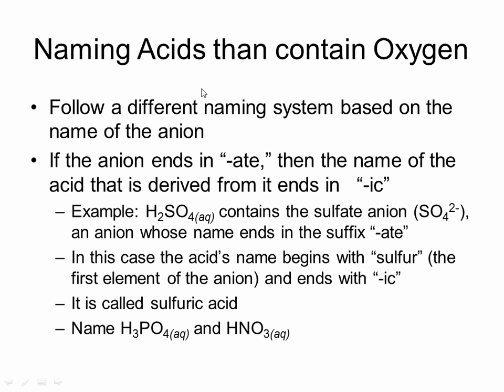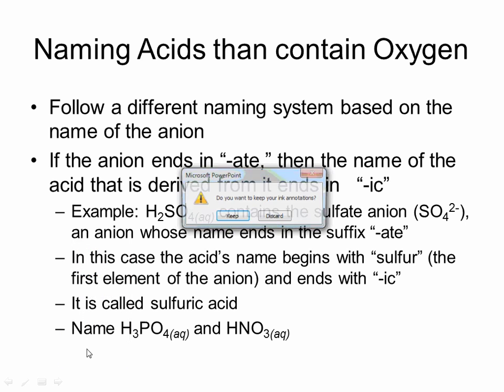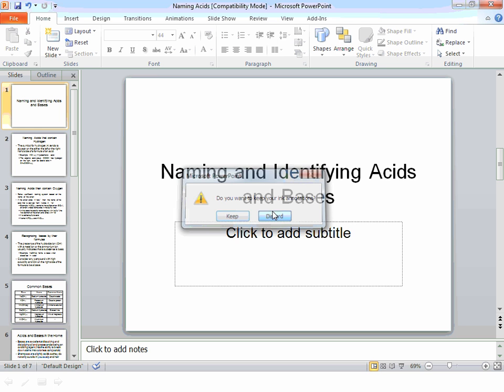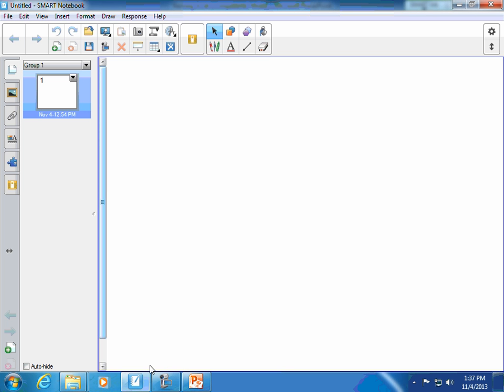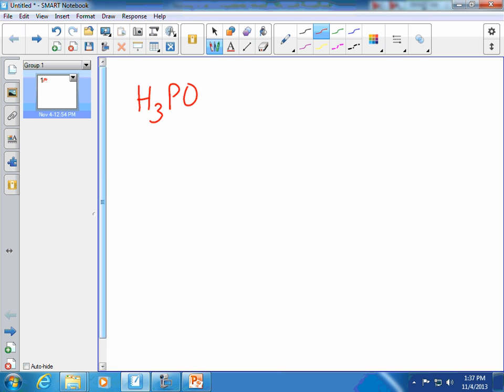Now, we'll write these out and name these specifically. So H3PO4. We have H3, and again, we have our anion right here, being PO4.